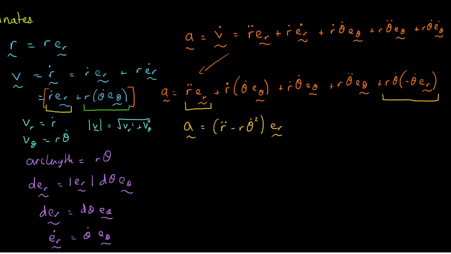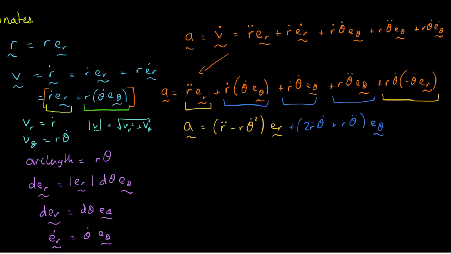And what about our component in the other direction? Well, we have this term, and this term in the theta direction. So that's going to be r dot theta dot plus r dot theta dot, which is 2 r dot theta dot, plus this term, which is r theta double dot in the e theta direction.